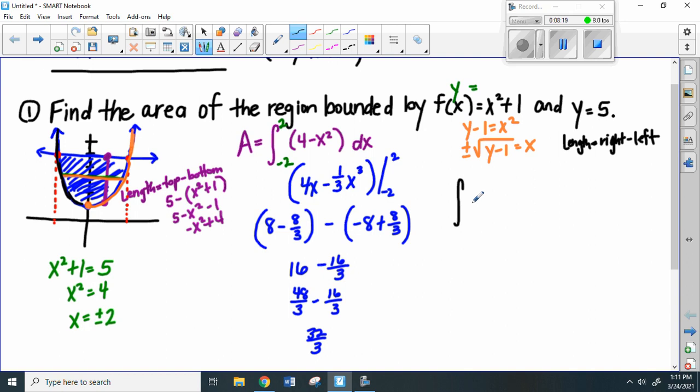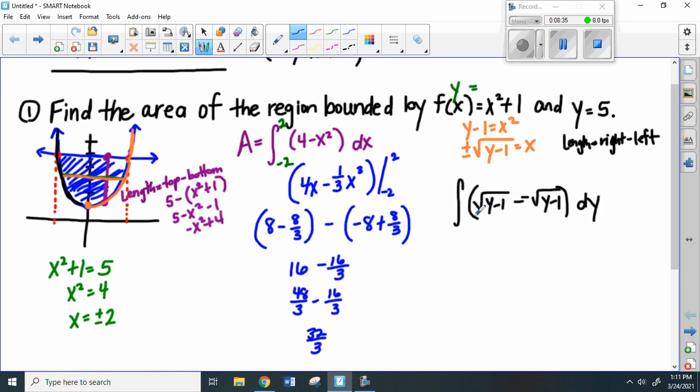So if I go to set this up, the right, I just said, was the positive square root, and then I'm going to subtract the negative square root, that's the left. Right minus left, which I can combine in just a second.